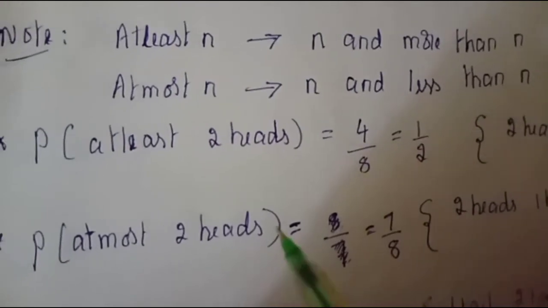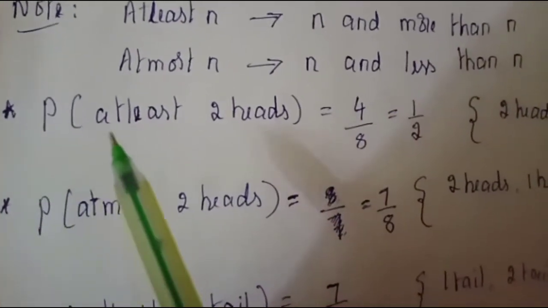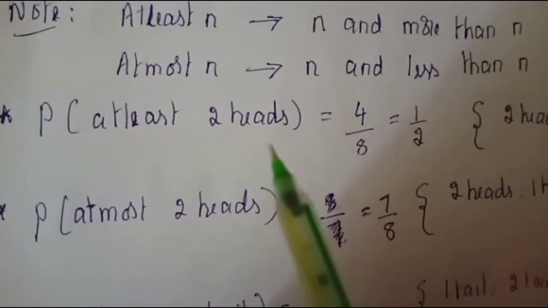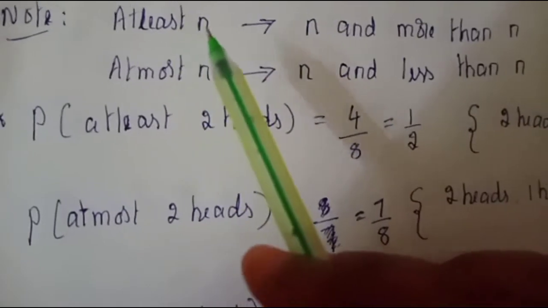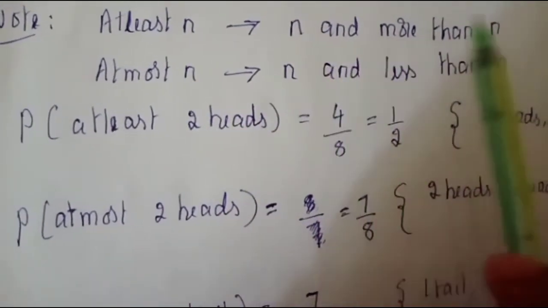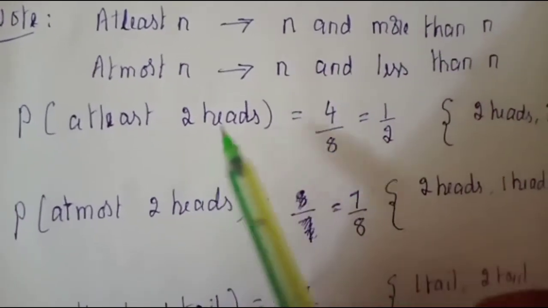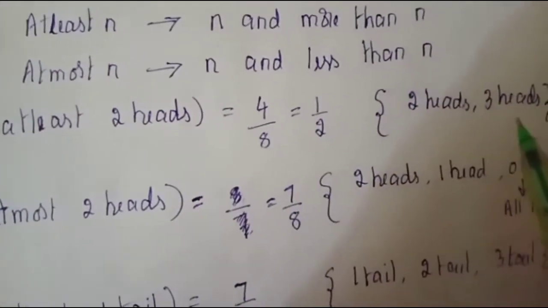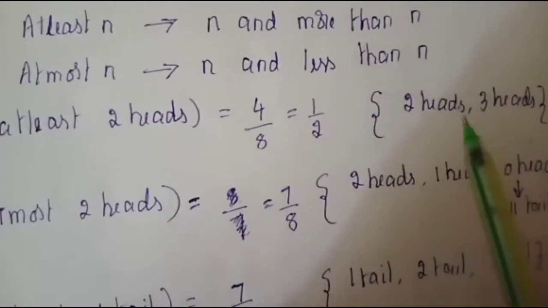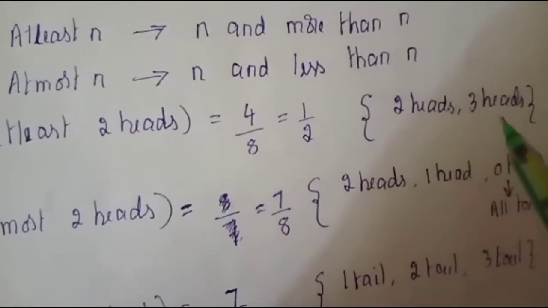So let me take one example so that you can understand in a better way. The first extra question I have added here: find the probability of at least 2 heads. So what is the meaning of at least 2 heads? Just now I told n and more than n. That is 2 and more than 2. 2 heads and more than 2 heads means what? 3 heads. So at least 2 heads means 2 heads, 3 heads.